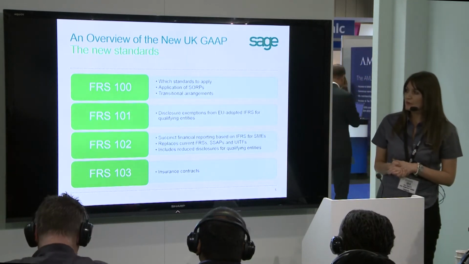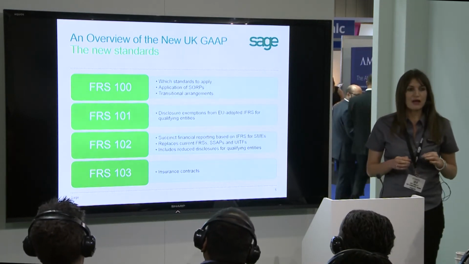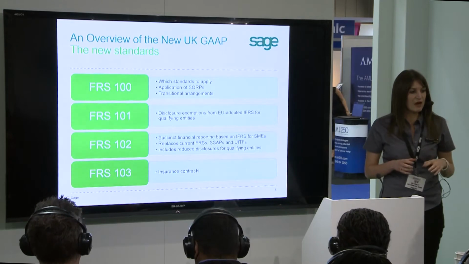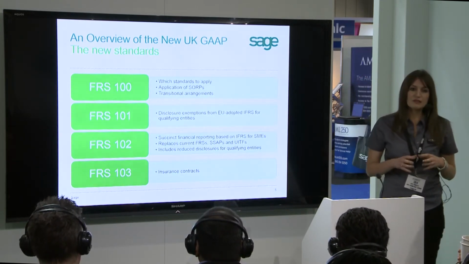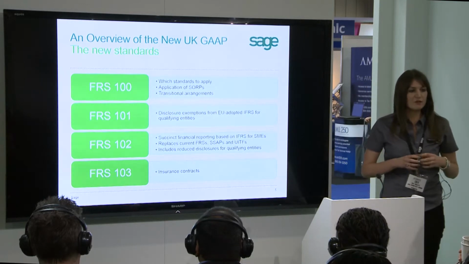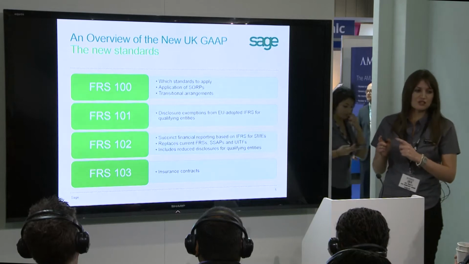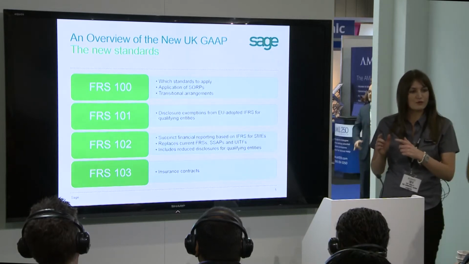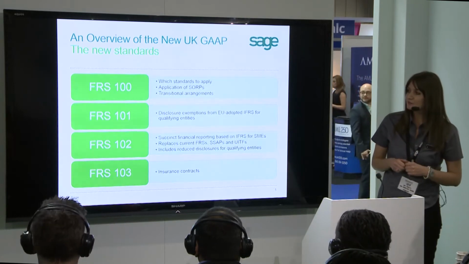FRS 101 is disclosure exemptions for entities that apply IFRS or that are planning to apply IFRS. So if you currently apply UK GAAP and you're going to continue applying UK GAAP, then the disclosure exemptions in FRS 101 aren't for you, but there are some disclosure exemptions within FRS 102.